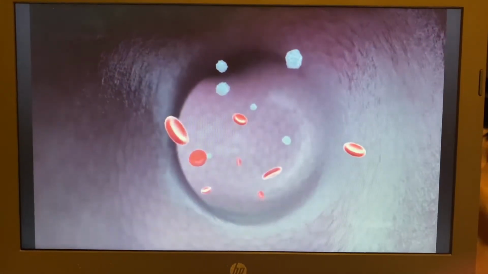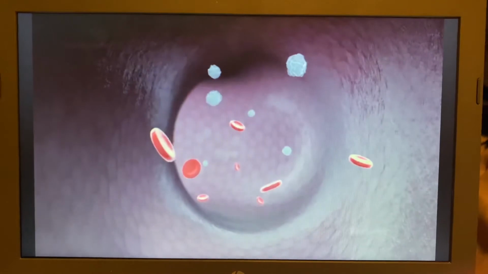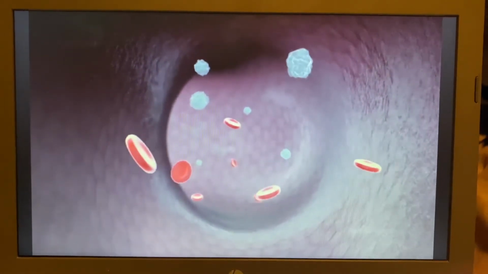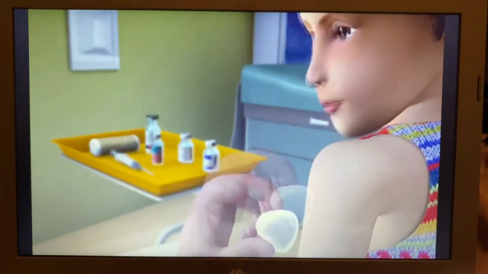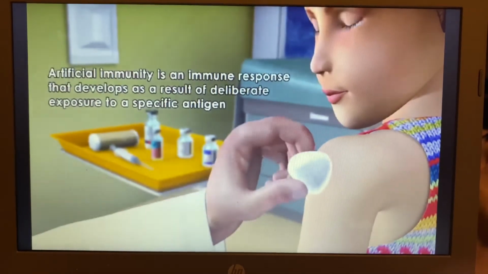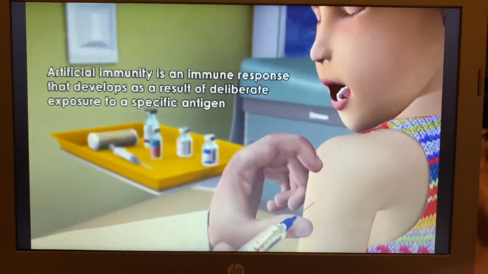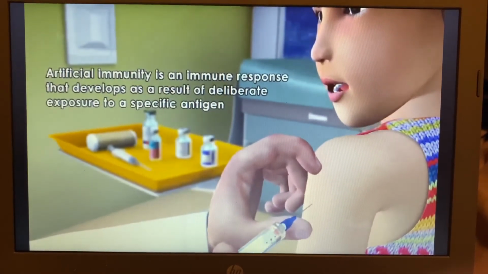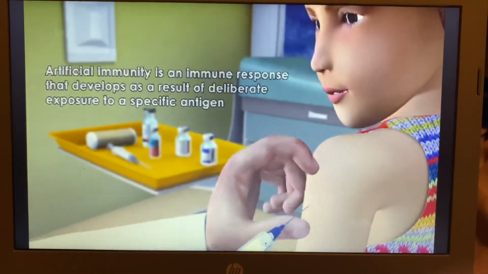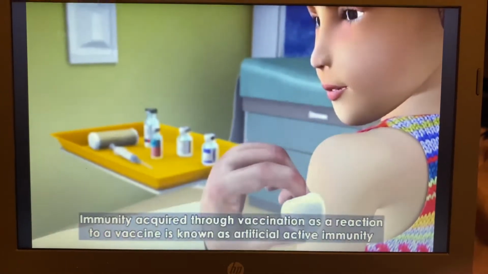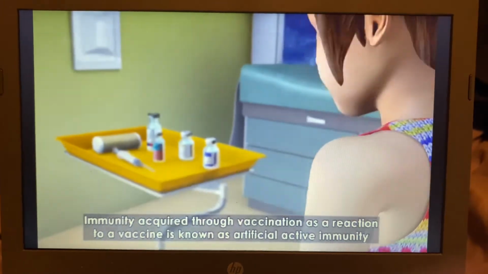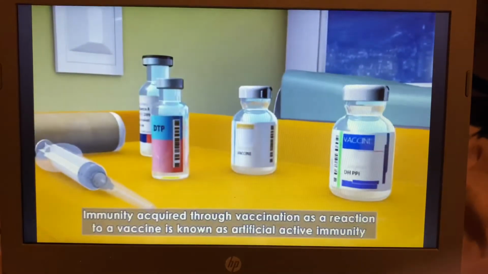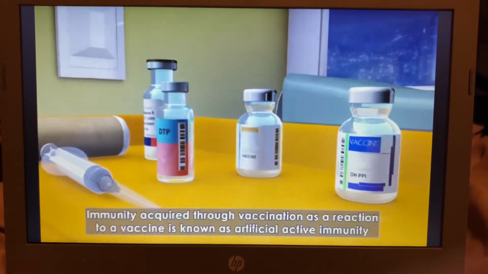Passive immunity will only be effective for a short period of time. Artificial immunity is an immune response that develops as a result of deliberate exposure to a specific antigen. The immunity acquired through vaccination as a reaction to a vaccine is known as artificial active immunity.